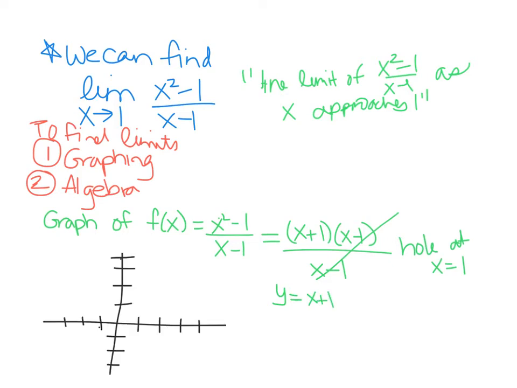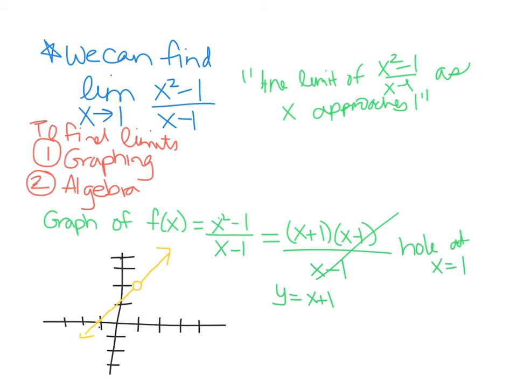So I'd recommend you pause and try to graph it on your own. This graph is going to be a straight line. The y-intercept is at y equals 1. And then, like I said, there is a hole at x equals 1. So we're going to have a straight line, but there's going to be a hole right here.